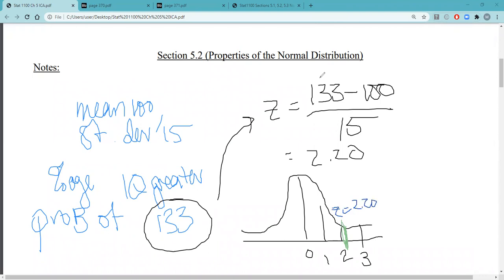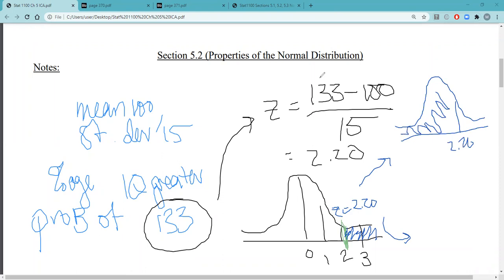I'm looking for the probability that it's greater than that, or the percentage of data values that are greater than that. So there's two ways that I can solve this. I can solve it the same way as I did before, where I say, okay, let's find the area to the left and then take 1 minus that value.